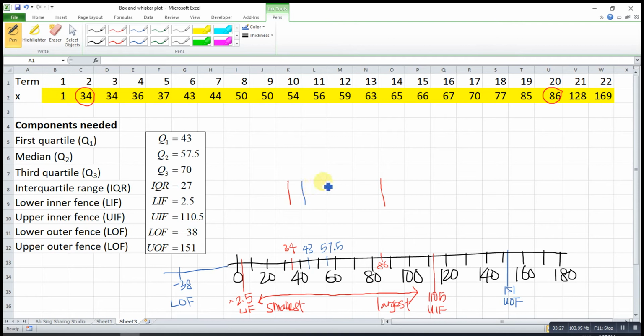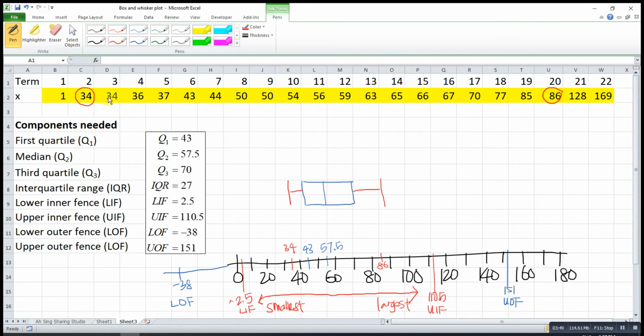Then we draw here. The last one, Q3, 70. 70 is here. So we just join. This is the box, and this is the whisker. So we have already done our box and whisker.